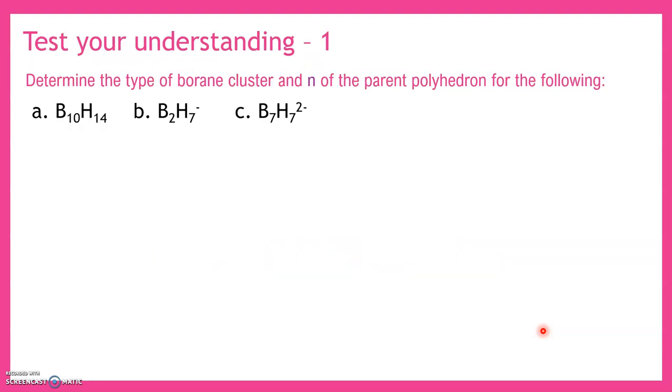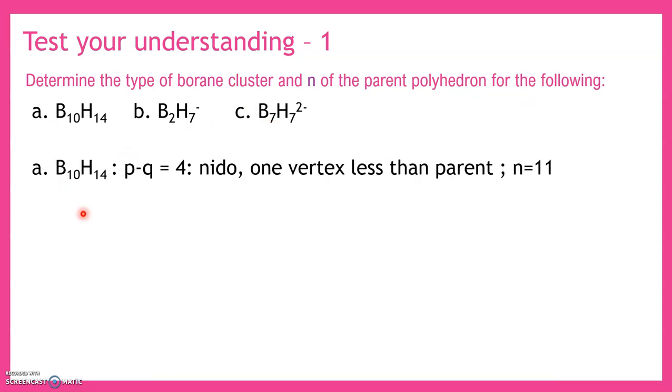So now we will have one understanding test here. Determine the type of borane cluster and n, that is the number of vertices of the parent polyhedron, for the following. I have given 3 examples here. We will start working them out one by one. So here B10H14, the difference between H and B is 4.